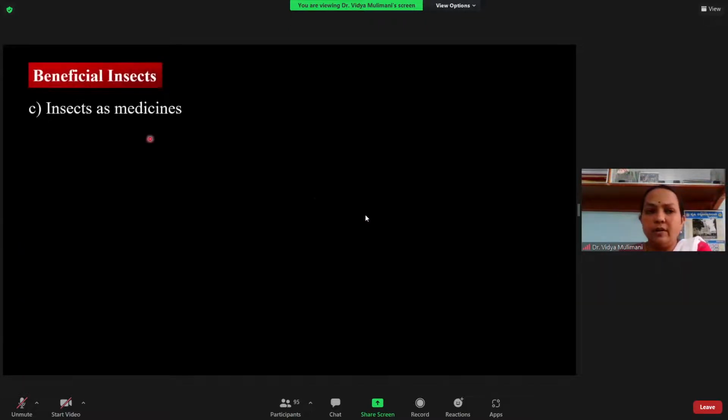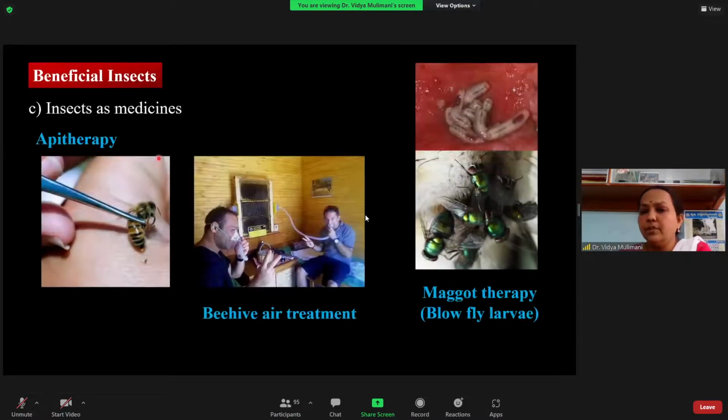The next topic is insects as medicine, that means we are using insects for treating diseases. As I told you before, honeybees are mainly used for treating joint pains, that is arthritis.